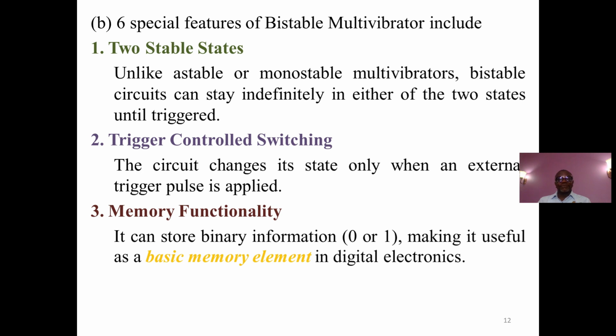So it is very good in trigger control switches where the circuit changes its state only when an external trigger pulse is applied. And it has memory functionality whereby it can store 0 or 1, which makes it very useful in digital electronics.